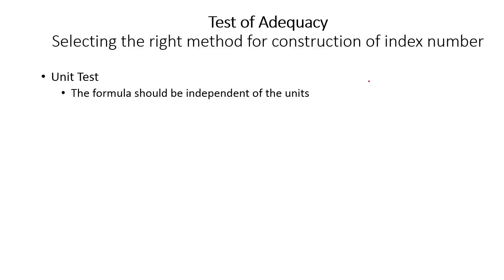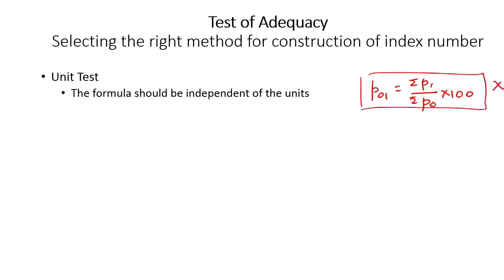In fact, this is a test that is satisfied by almost all the index number formulae that we have studied, except for only the first one, where we define the index number as just summation p1 upon summation p0 multiplied by 100. This was the only formula in which this test is not satisfied, because we just add the prices in the current year and we just add the prices in the base year and we take the ratio multiplied by 100. Otherwise, all the rest of the formulae that we have talked about satisfy this unit test.